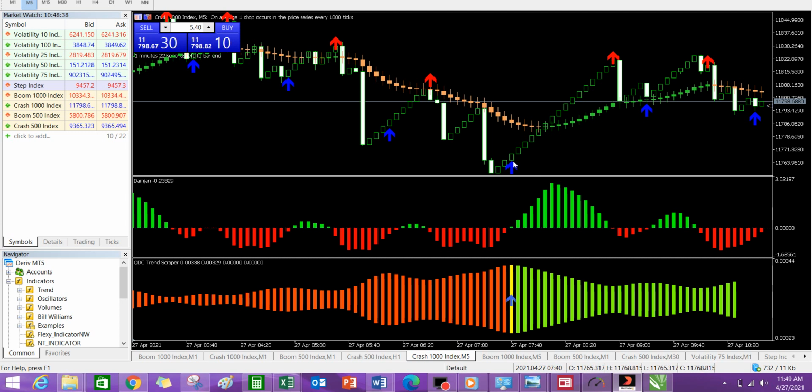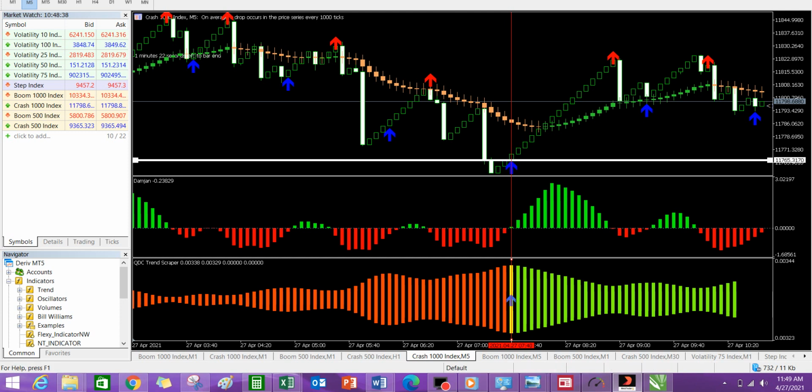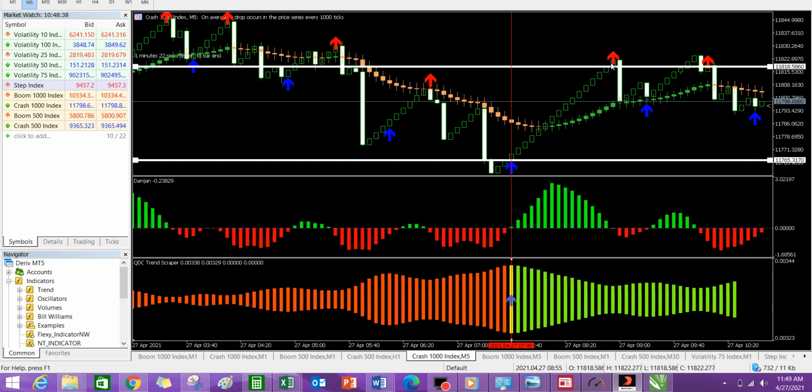You can see right here we are on uptrend, so we got our buy signal here. But check it out. Let's see how many candles we are able to get with this. Let's say this is our entry point, and let's see the number of 5-minute candles we are able to get with this.